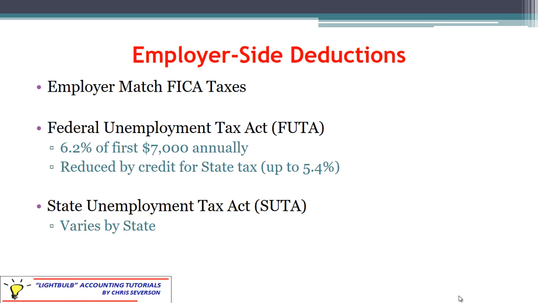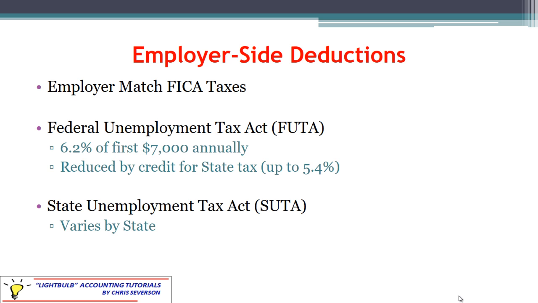Now, the next topic we have here is related to the employer side deductions. So the first thing to note is that even though the employer is withholding a certain amount for the two FICA taxes, the Social Security and the Medicare, not only do they have to pay that amount to the government, generally the IRS, all of that goes through the IRS, they also have to match it.